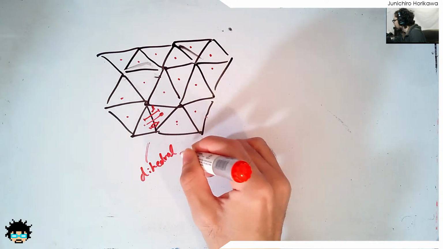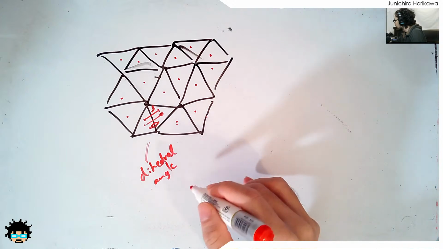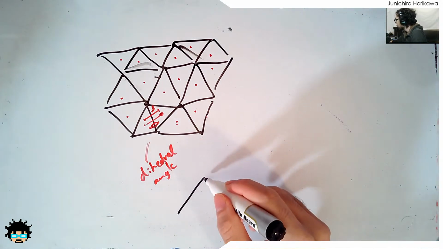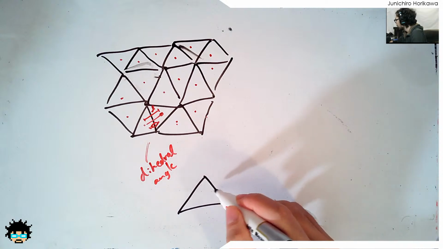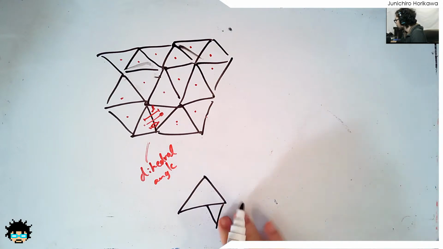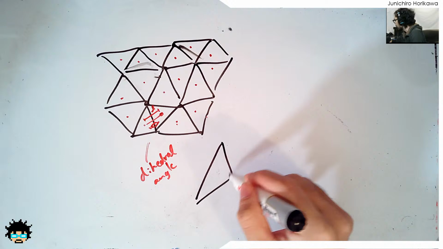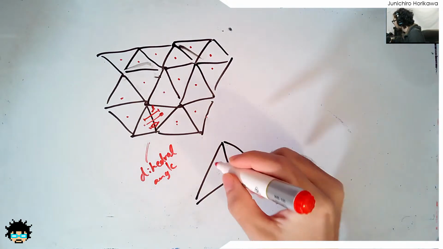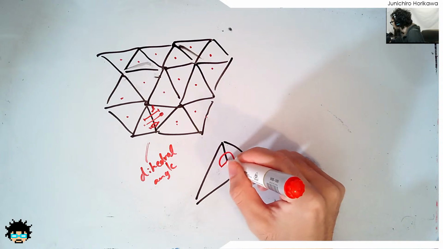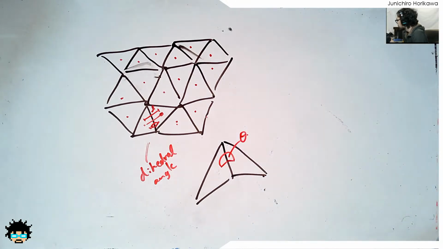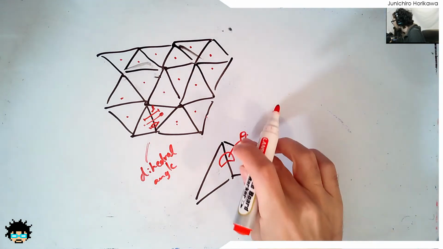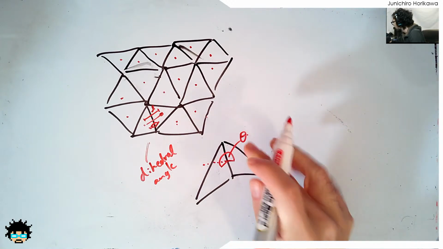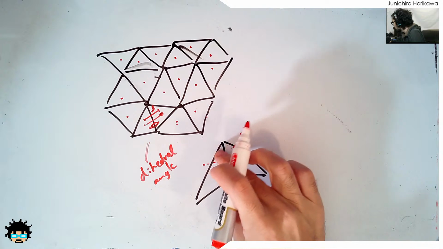the dihedral angle. If we have a triangle like this, we can calculate this angle here. Okay, so that's what I'm going to use, or maybe this angle here.